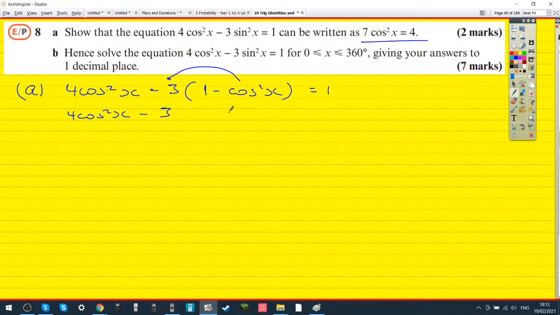Minus 3 cos squared x. Minus times minus, oh, 3 cos squared x plus 3 cos squared x. Yeah. And so from here it's 7 cos squared x, and then plus 3 on both sides equals 4. That's it. And part B.